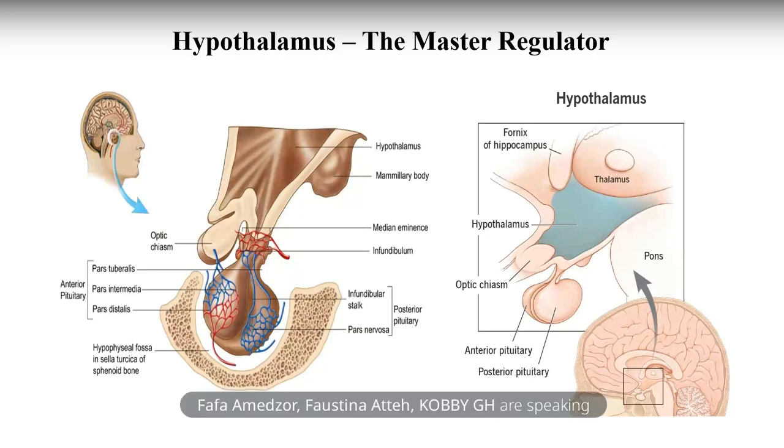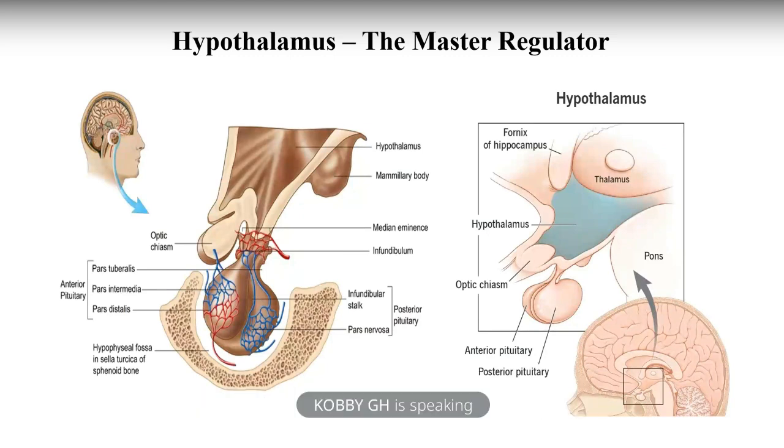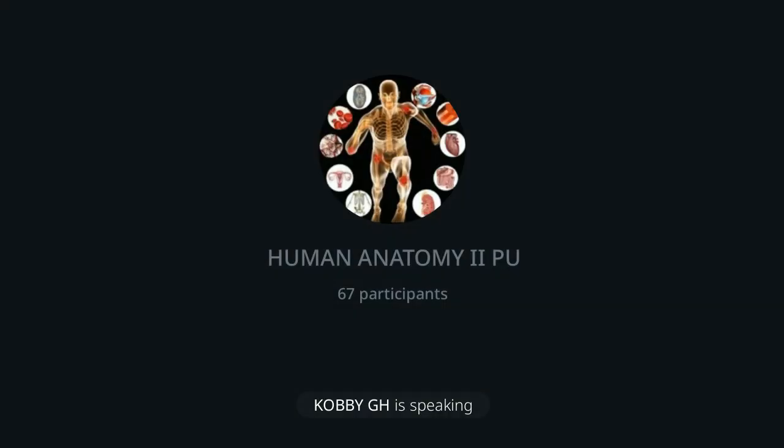Why? Because pars nervosa is seen only at the level of the posterior pituitary. Is that okay?